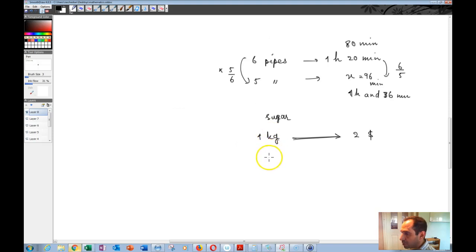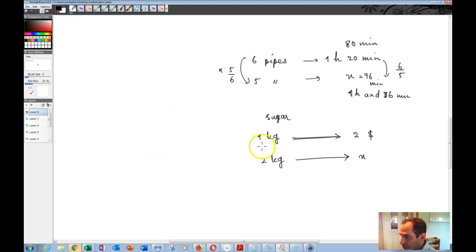Now, for example, 2 kilograms of sugar is going to cost you what? So this is the case of direct proportion, because when you buy 1 kilogram of sugar and it costs you $2, the more sugar that you have, the more you have to pay. So that's direct proportion, right?